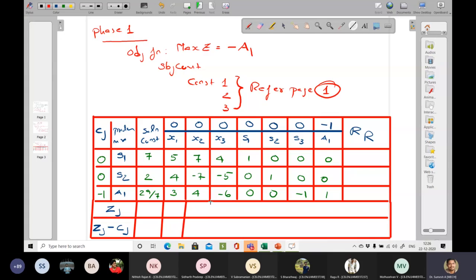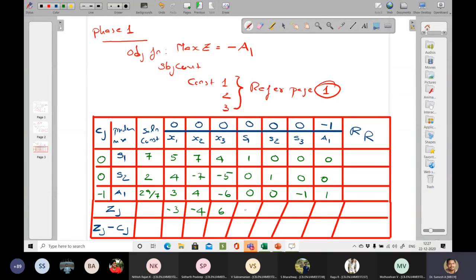Zj for x1 is minus 3, minus 4, 6, 0, 0, 1, minus 1.